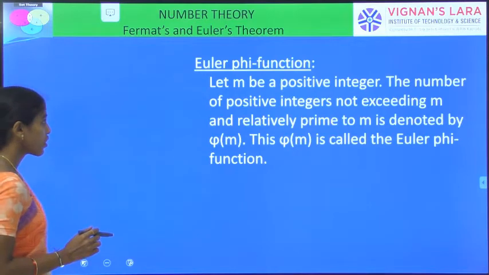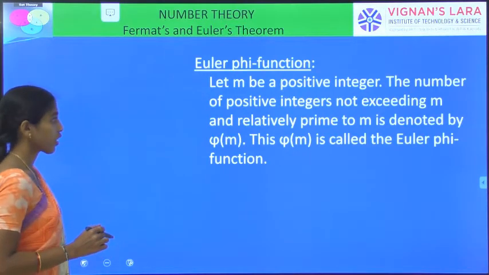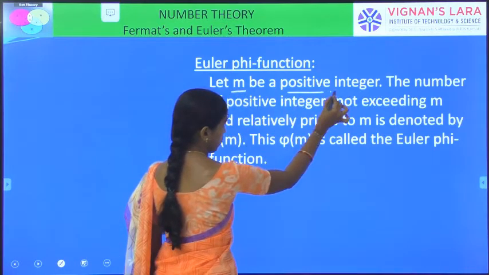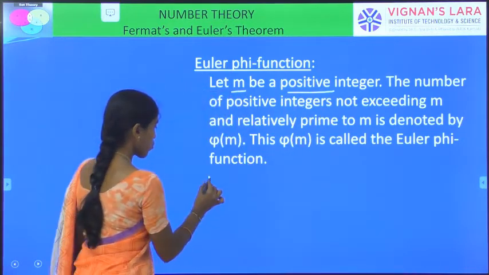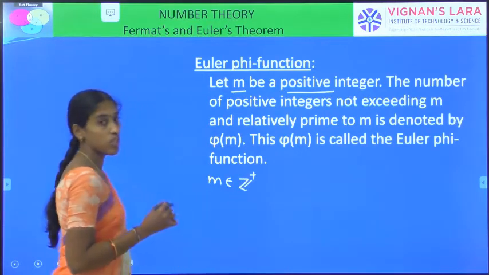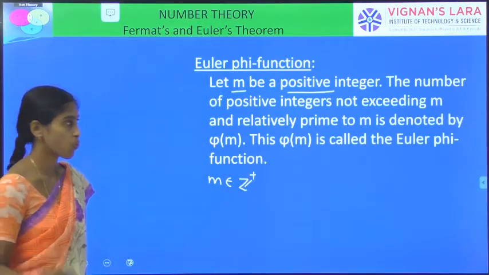Next we see the definition of the Euler phi function. Right? So let m be a positive integer. So what is m? M belongs to Z plus, meaning 1, 2, 3, 4 and so on.